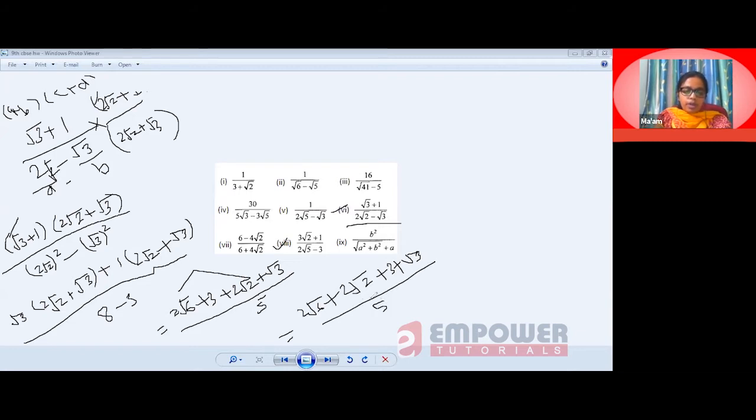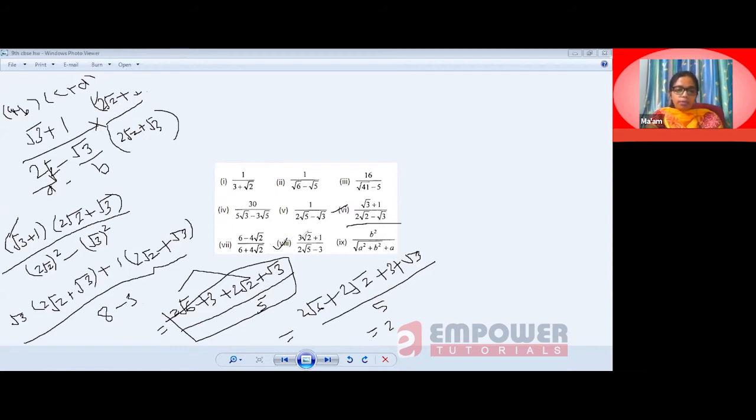Here you have 2 root 2 common, but ultimately you will get this one only. So let it be, this will be your answer. So this is how you have to solve, okay? Because if you do more expansion, you will ultimately get this one only if you factorize this further. Okay, so this will be your final answer.